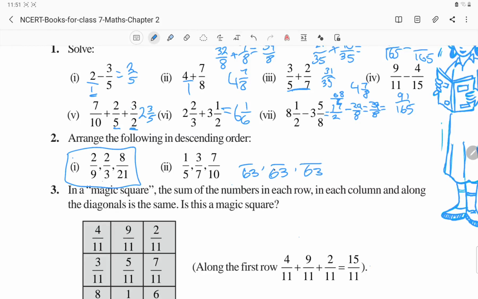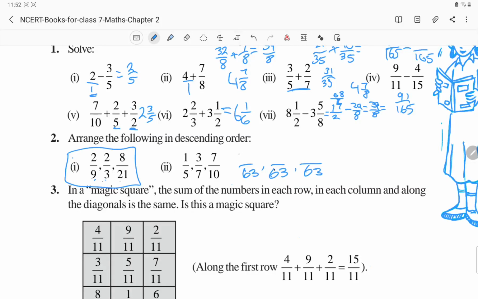Now, how would you find the LCM? So lowest common multiple. You have the numbers 9, 3, and 21, the denominators. And 3 times 3 times 7 is 63. Okay, so that's how we got this.